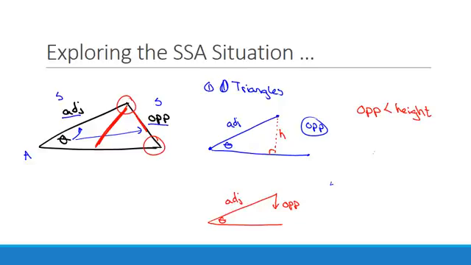The height is a really important feature in side-side angle situations. We're going to need to find the height to make all these calls on how many triangles. So let's take a second and look at how to calculate this height. If we just focus back in right here for a second, you can see that I have a right triangle. And to find then the height here, I can use one of my SOHCAHTOA ratios, my primary ratios.